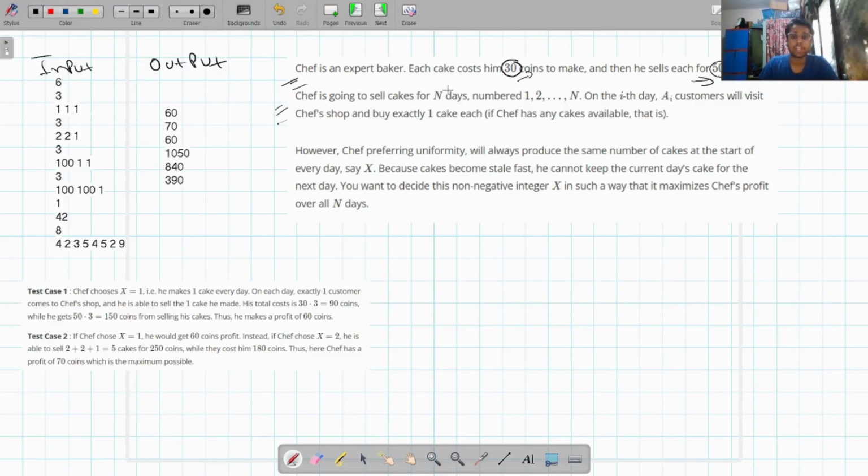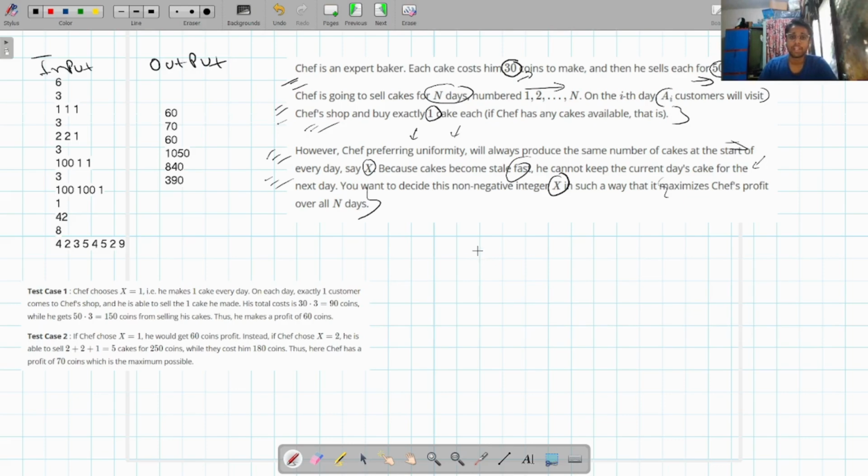So Chef is going to sell cake for n days from 1 to n, and on the ith day a_i customers will visit Chef's shop and buy exactly one cake each, if Chef has any cake available, that is. However, Chef, preparing in uniformity, will always produce the same number of cakes at the start of every day, say X. Because cake becomes stale fast, he cannot keep the current day's cake for the next day. They want to decide this non-negative integer X in such a way that it maximizes Chef's profit over all n days.